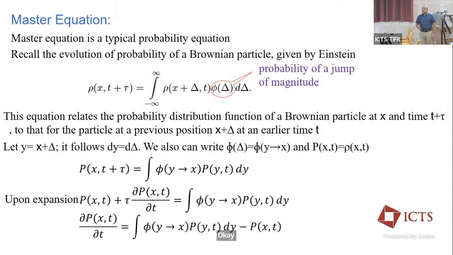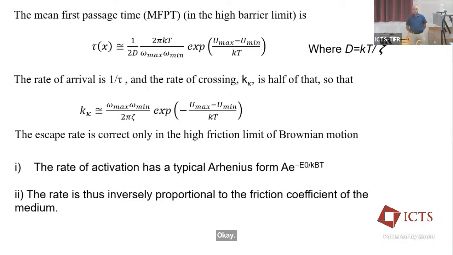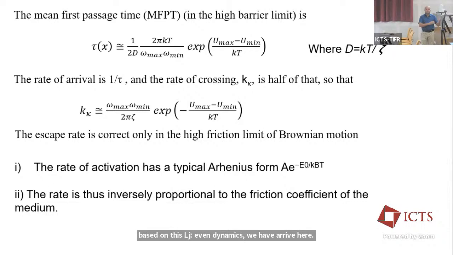Okay. So whatever we have done, based on this Langevin dynamics, we have arrived at an evolution of this probability distribution function, that is basically the Fokker Planck. So you can imagine the Brownian motion in the probability space, and we have taken a few simple examples like Smoluchowski's equation, and also we have solved some problems like how to calculate the rate of reactions, or how to calculate the mean first passage time.